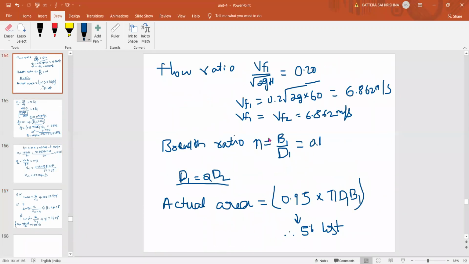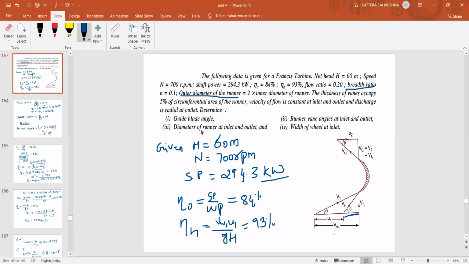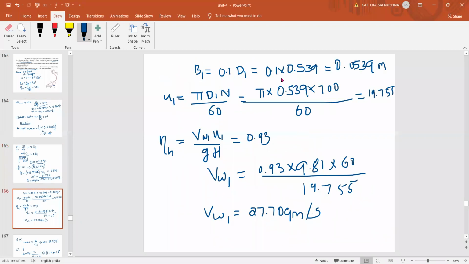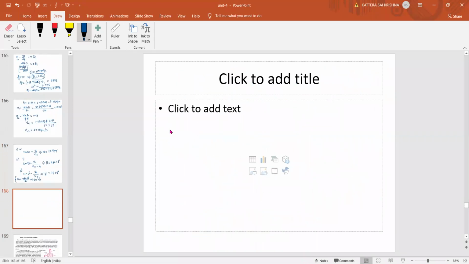Have we completed everything? No. Two more things are there: diameter of the runner at inlet and outlet. We have already found these diameters, D1 and D2. So just write down. That is the third one.